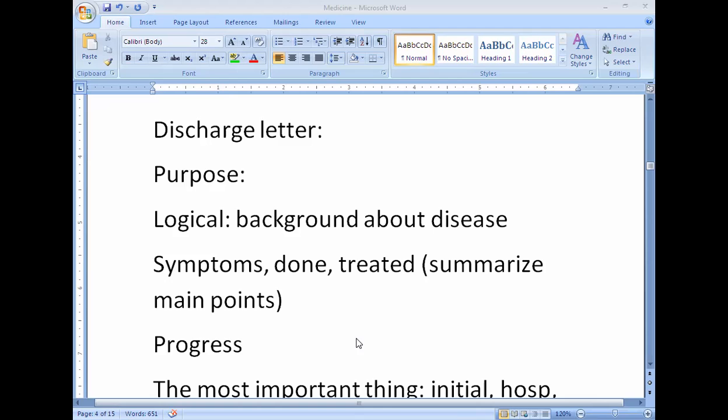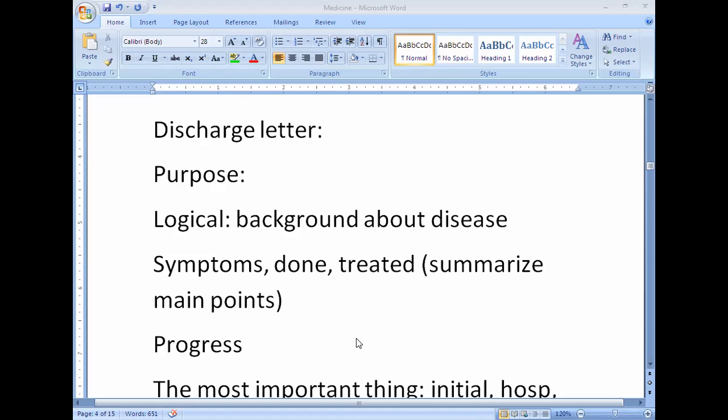When the patient comes to the hospital, they come with some symptoms, then we do examination, then some investigation, then we give some treatment. So first we should write the purpose, then how the patient was on admission.